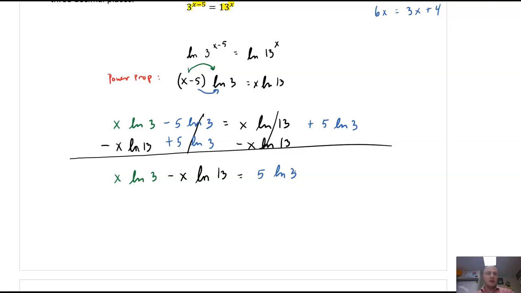Okay, so at this point, you're like, okay, I have my x's on one side. How do I go ahead and isolate the x? I can't combine, I can't subtract those logarithms. What you're going to do is you're going to factor. I'm going to factor out the x. So I get x times natural log of 3 minus natural log of 13.